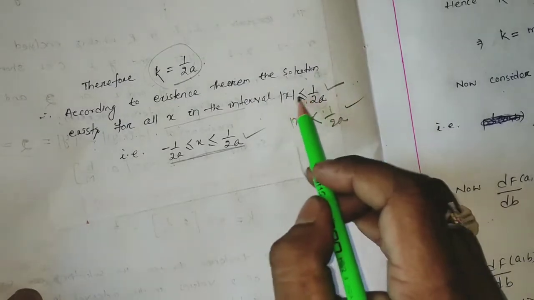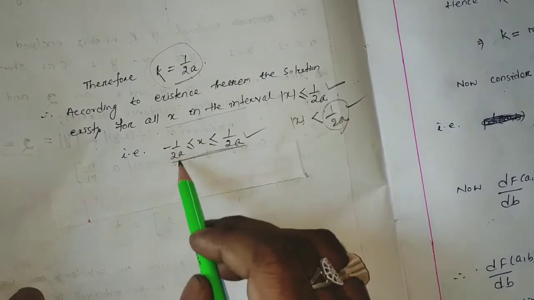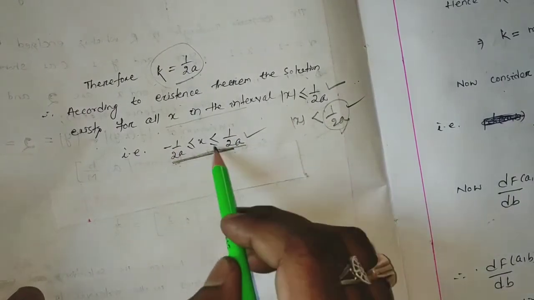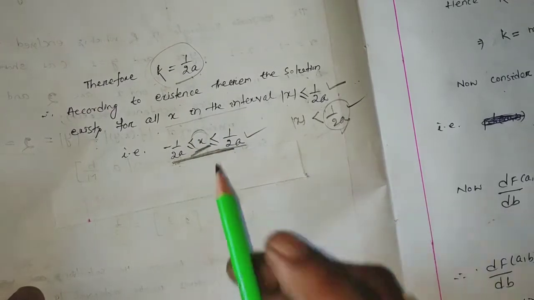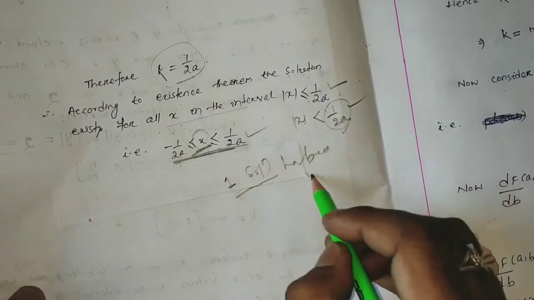You can also write only less than 1 by 2a, that is minus 1 by 2a to 1 by 2a. In this range, for whatever x values, at least one solution exists.